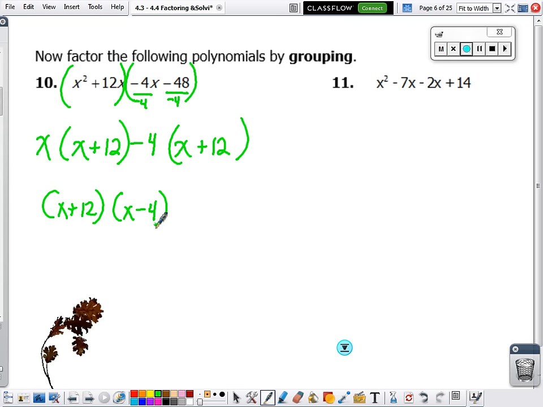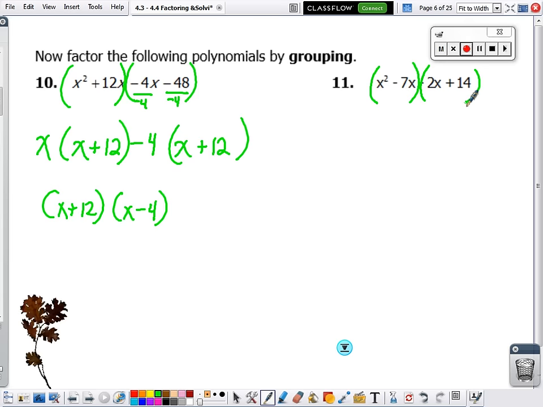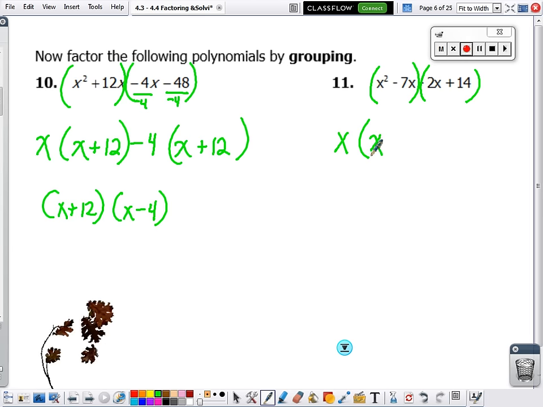Number 11, notice we have 4 terms, so we're going to group the first 2 together and the second 2 together. The first 2, the greatest common factor is an x. So if we factor out an x out of x squared, we're left with x. If we factor out an x out of negative 7x, we're left with negative 7.